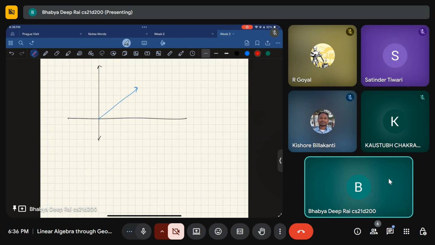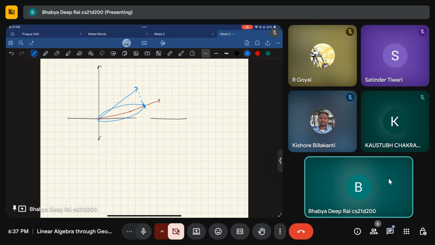And the direction will be sort of represented by the... Yeah, that's right.